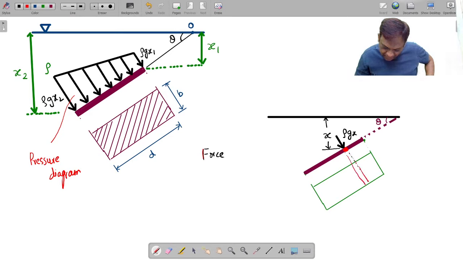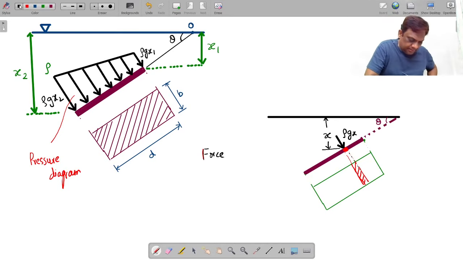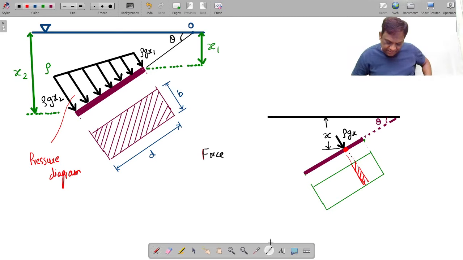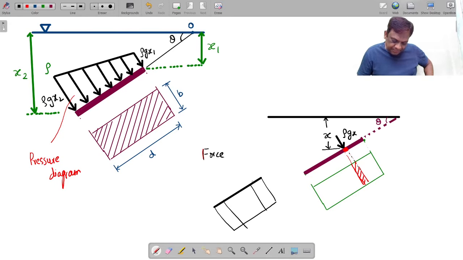The reason for taking the small area is, look carefully. If I take a large area, for example from here to here, this x is different, this x is different, so the pressure here is different, and here is different.